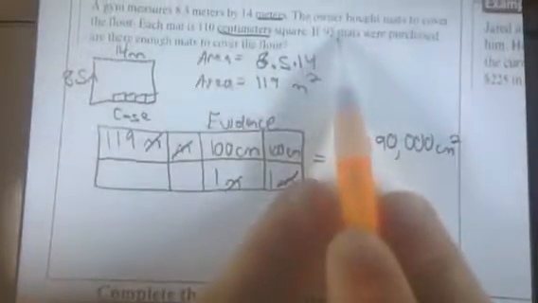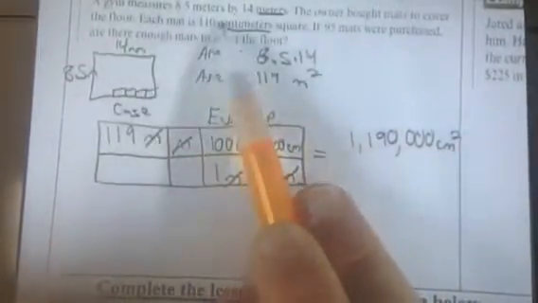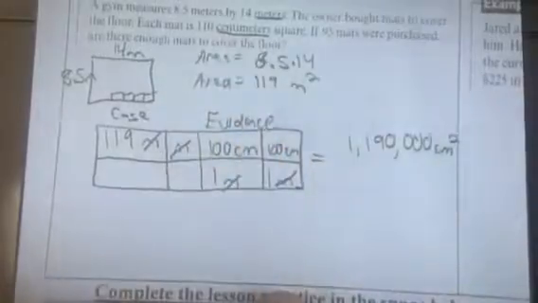Now, I know that 95 mats were purchased. I know that each mat was 110 centimeters squared. So to figure out the area of the mats, all I've got to do is multiply that 95 mats times that 110. But again, we're not just converting the length, we're not just converting the width.